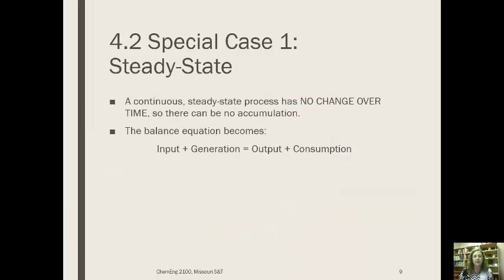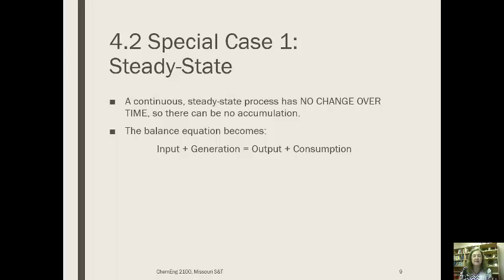So let's look at 3 special cases. The first special case is the one that seems to adequately describe so many processes, and it turns out to be fairly easy. We have a continuous steady state process. There's no change over time if it is steady state. If there's no change over time, then you cannot have accumulation.